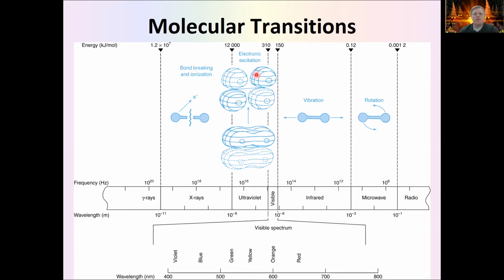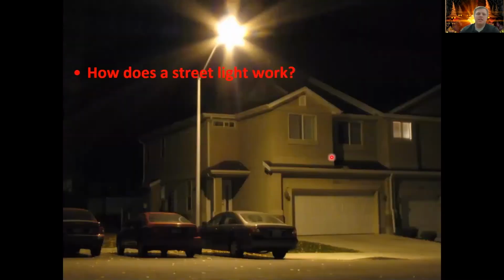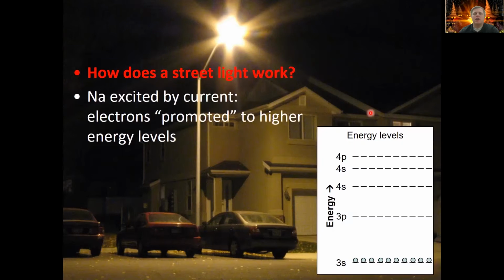Right, so to give you just an example of a real-life application of this, we're going to talk about how a street light works. So street lights are generally sodium lamps, and they've got a couple other types, but we're just going to talk about sodium lamps today. Sodium is a metal, but it's a resistive metal.